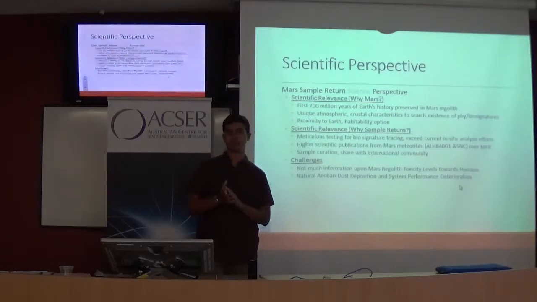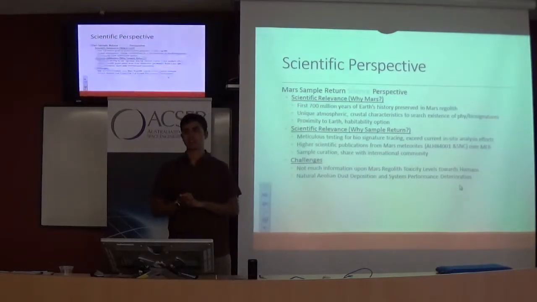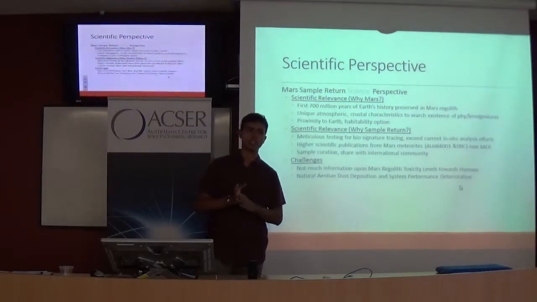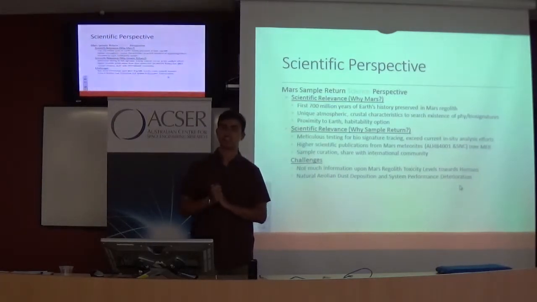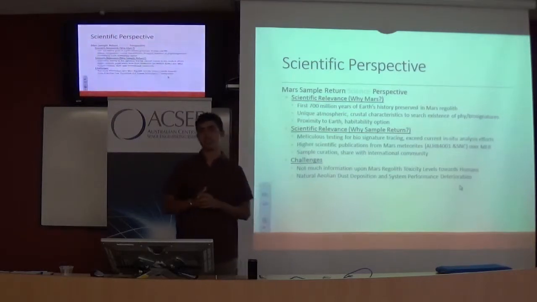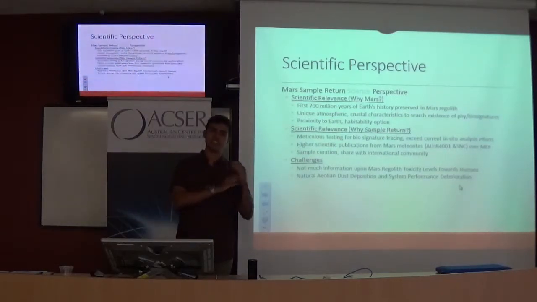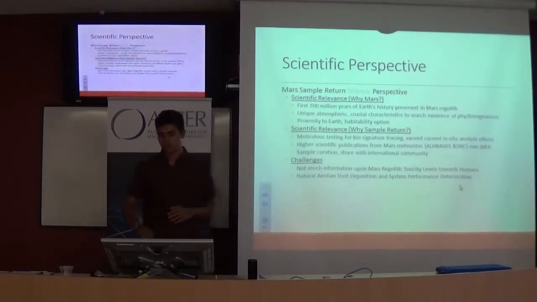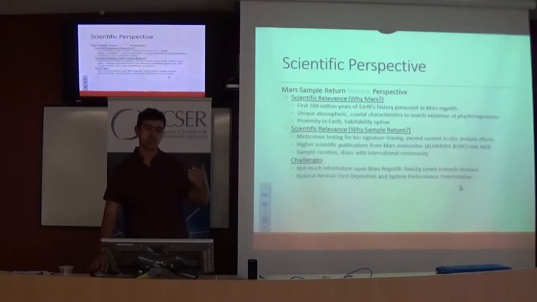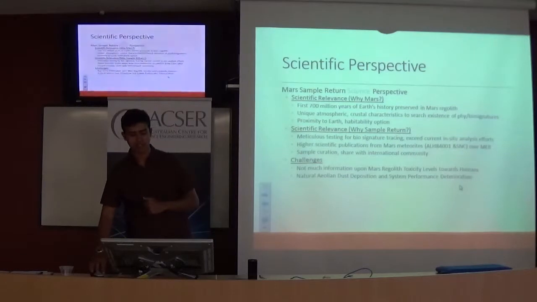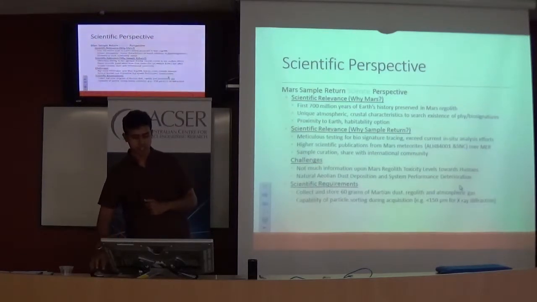This was seen during Apollo, and it's something that we still do not understand, how regolith actually behaves, especially in reduced gravity, temperature, and pressure environments. So all of this, what I'm giving you, is the first part of the scientific justification for why one would want to go to Mars, bring samples back, and on top of that, why you would want to understand how this regolith behaves.